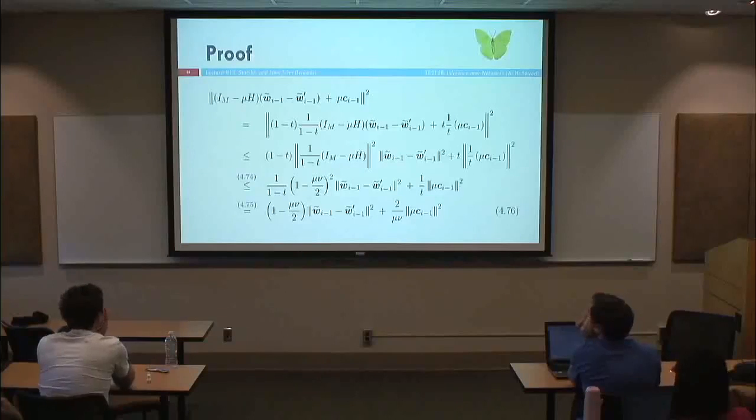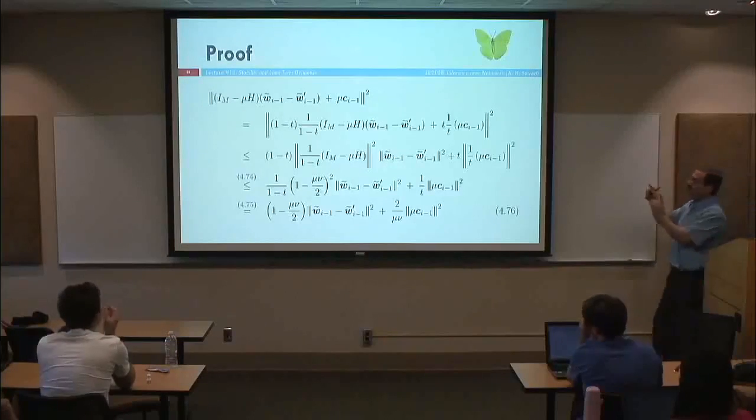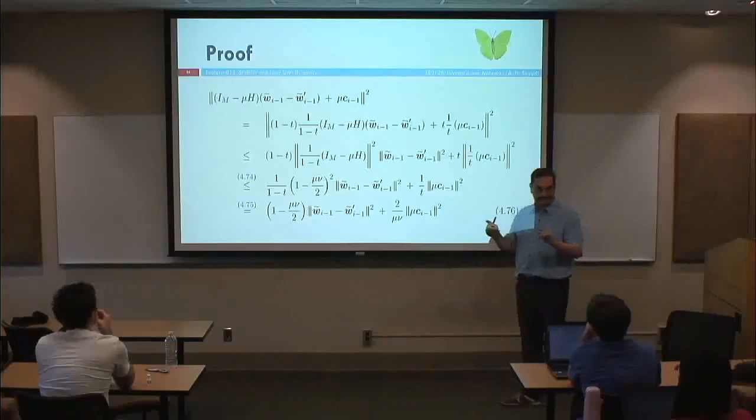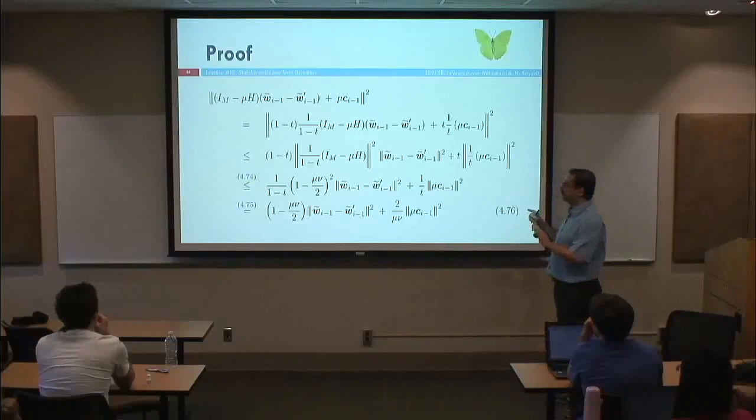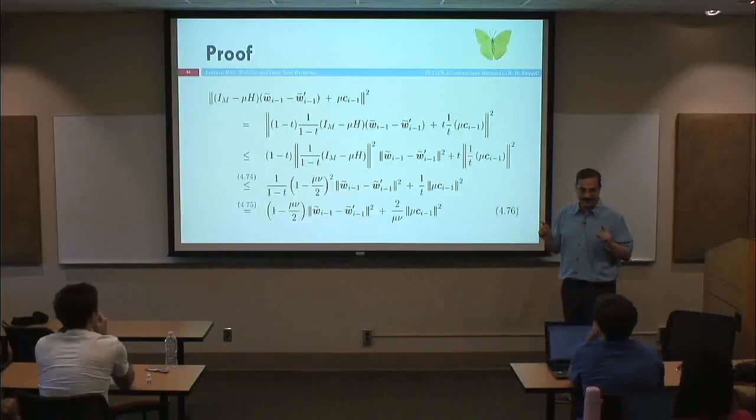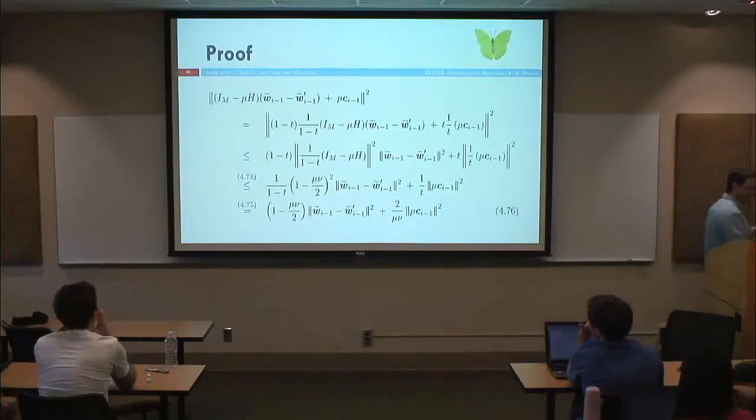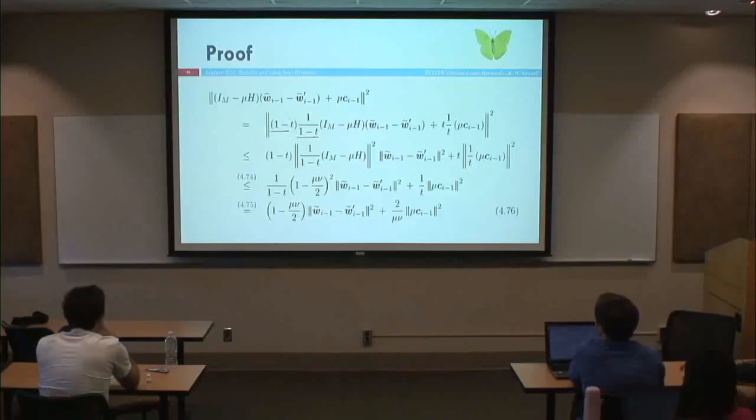So the different argument is, look, I want to square the right-hand side, okay, and I want to avoid the cross terms, right? This is a nice trick. Think of Jensen's inequality. Look how, okay? Look what I did. I multiplied by 1 minus T divided by 1 minus T. Did I change anything? No. T and 1 over T. Did I change anything? No. Fine.